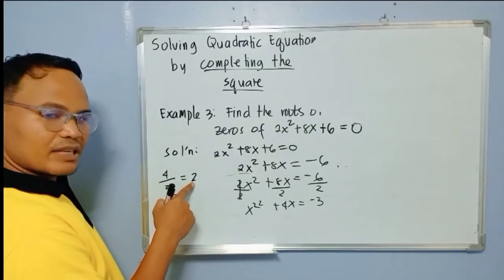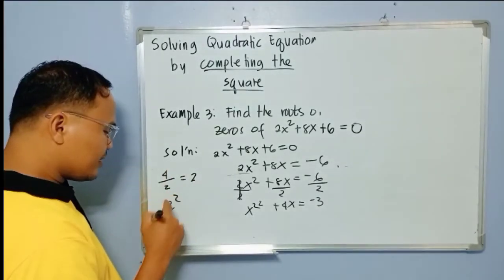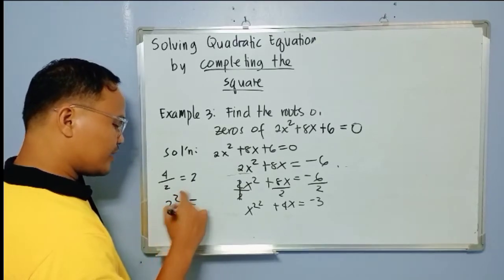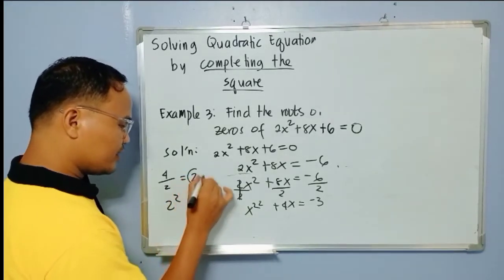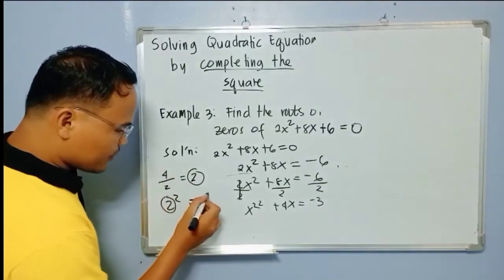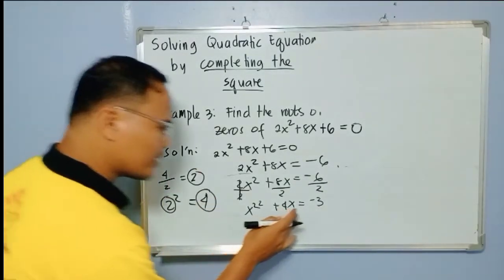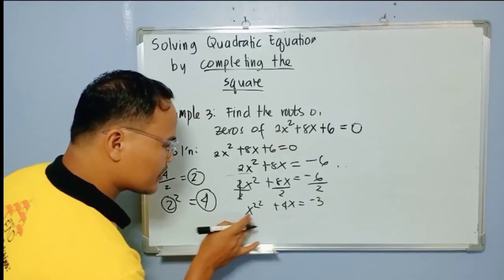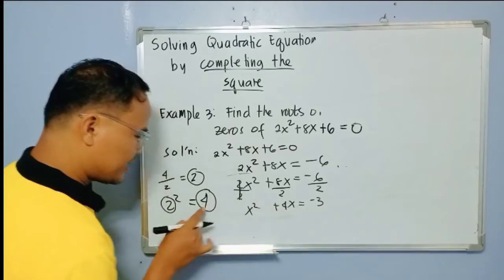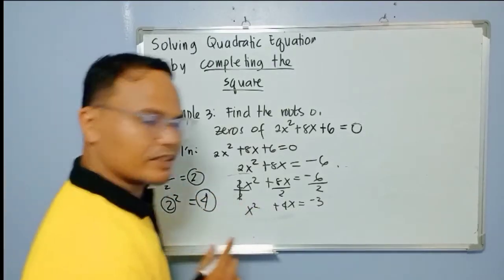Our quotient is 2, right? 4 divided by 2 is 2. Then 2 squared is equal to 4. So the number that we are going to add is 4 to make it a perfect square trinomial.